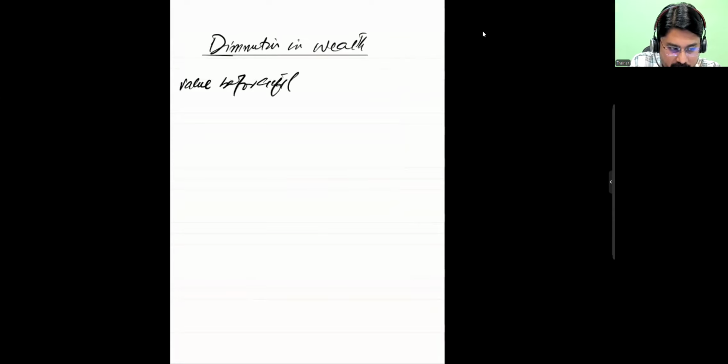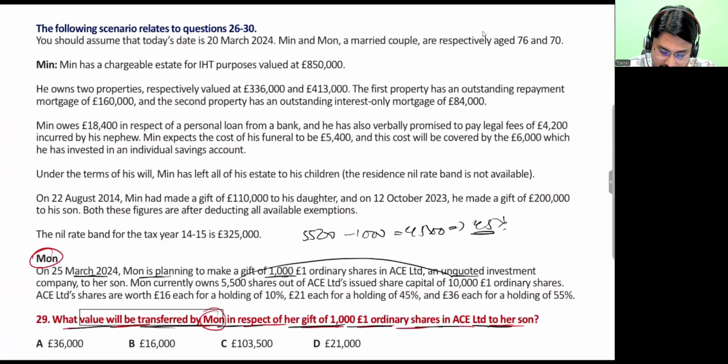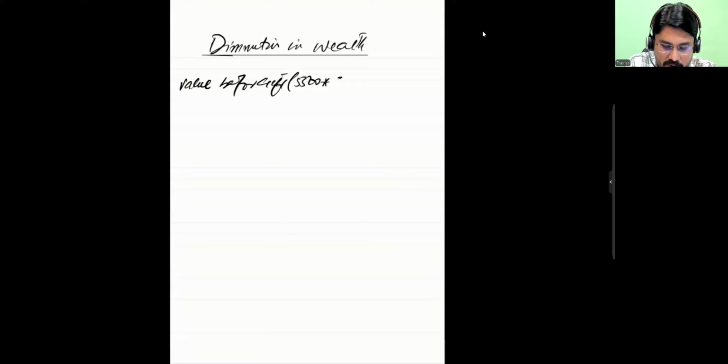If you calculate the value before the gift, she had 5,500 shares of the company representing 55% shareholding, and according to 55% shareholding, each share is worth 36. That will be 198,000.